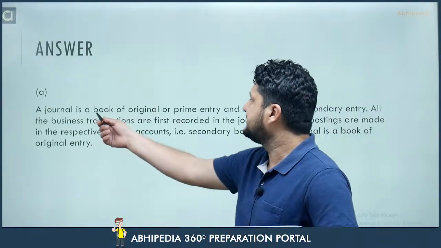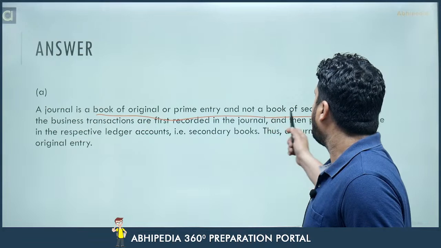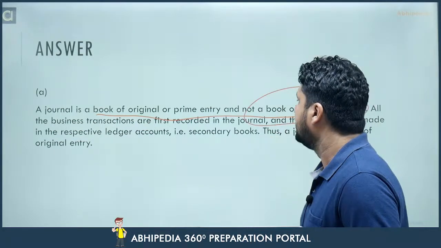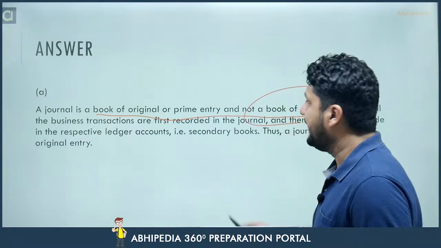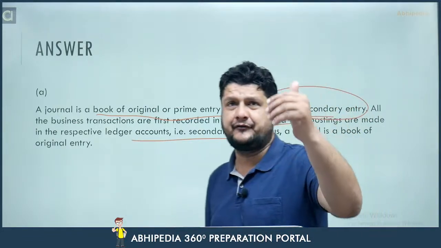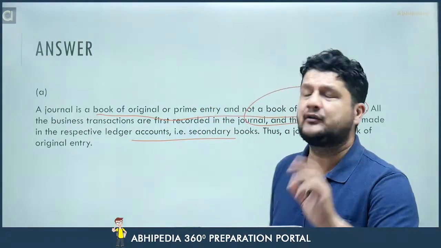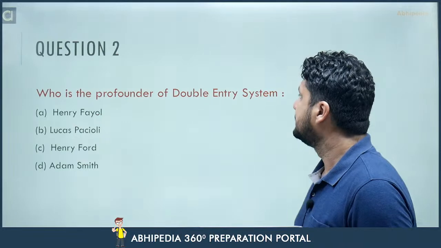So journal is a book of original or prime entry and not a book of secondary entry. This you must keep in mind. And the ledger you can say is a secondary entry, because the entry is first entered into the journal and then it goes further.